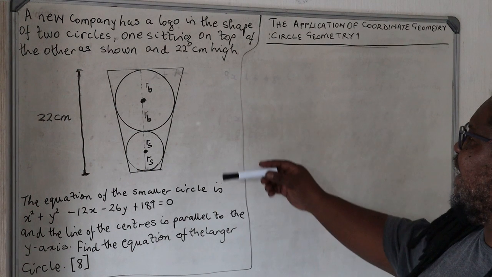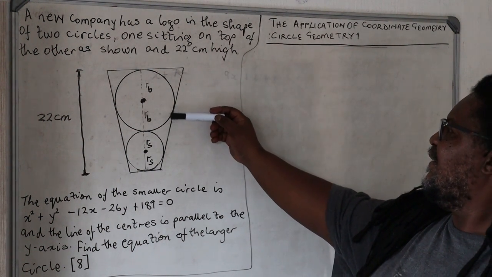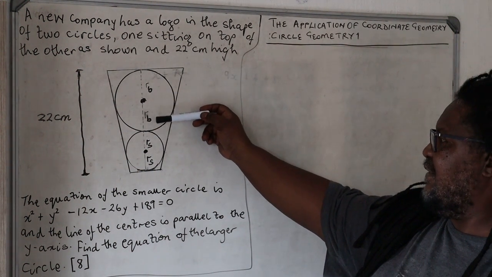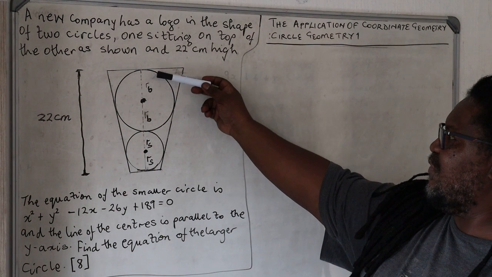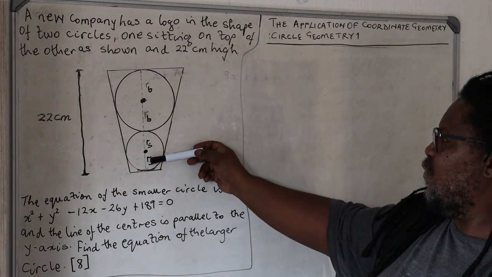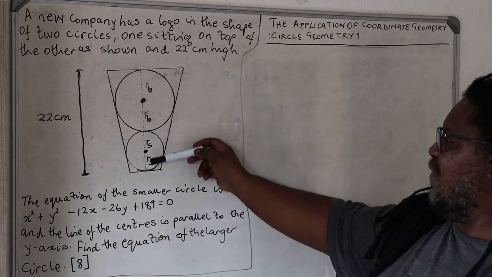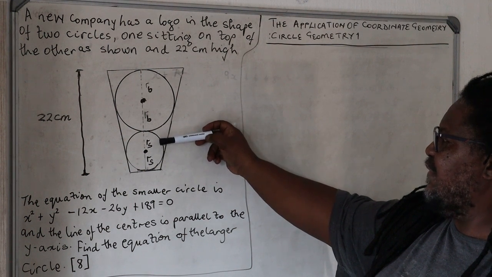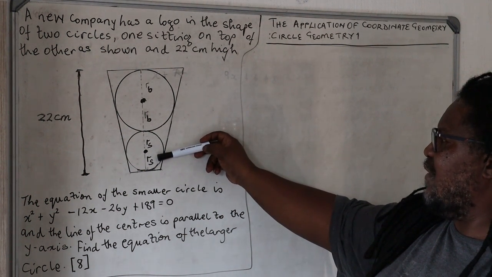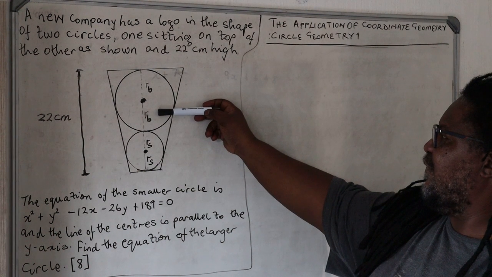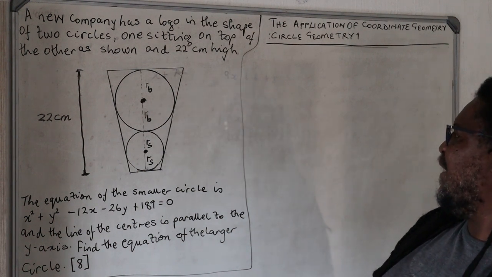So what I've done on the diagram there is I have added this line. It was not there, and I have done so in order for you to understand what is going on. And I have labeled the radius of the smaller circle RS and the radius of the bigger circle RB.